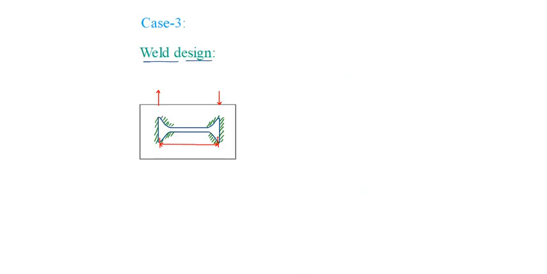Design of weld includes determination of force in the weld and length of the weld. Let us say this is the force in the weld and this distance will be d minus thickness of flange.